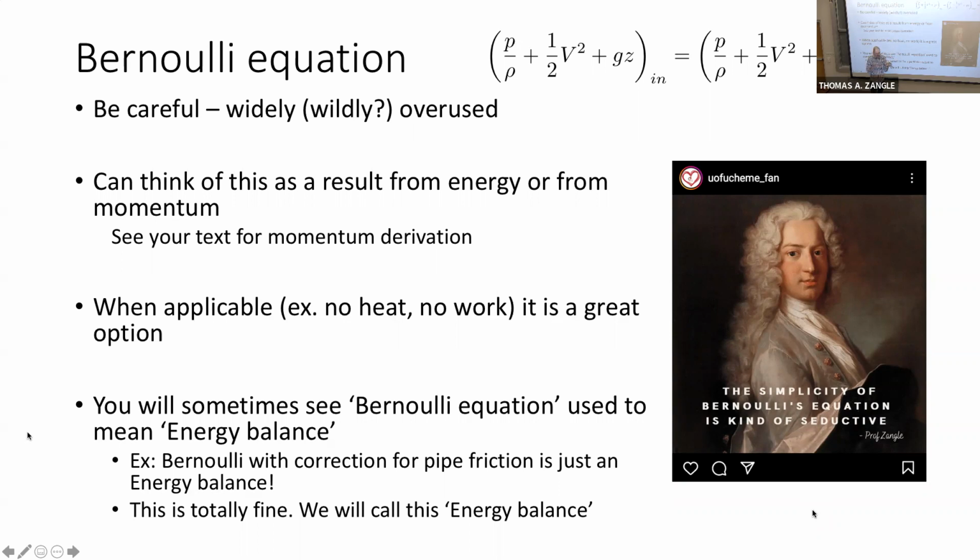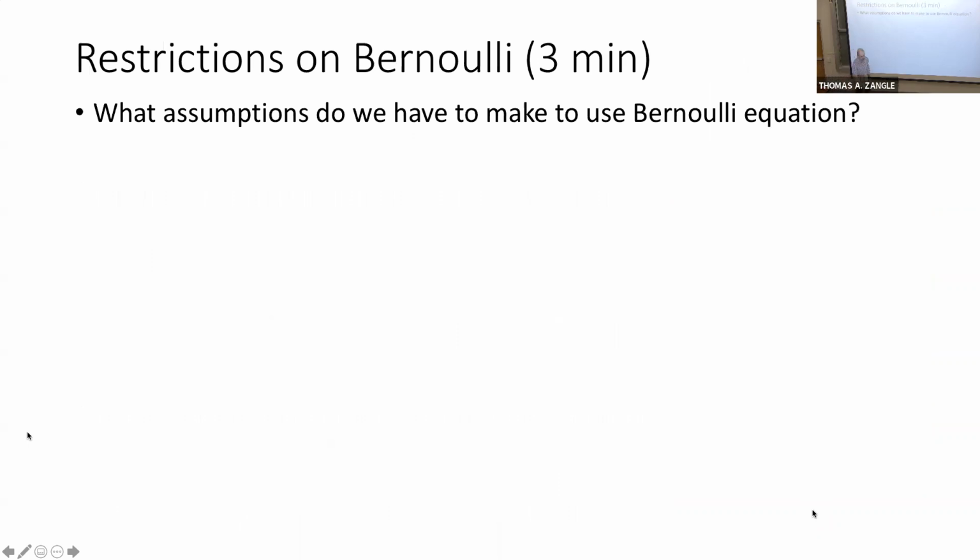All of those place limitations on when we can apply this equation, and all of them in totality have to be true for us to use this expression. We'll review them, but I want you to get into groups of 2 to 3, dig back through your notes, and discuss what assumptions we have to make in order to use the Bernoulli equation. Then we'll bring it up for the whole class.